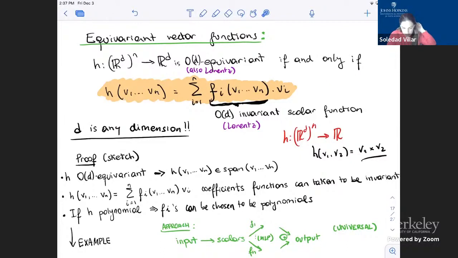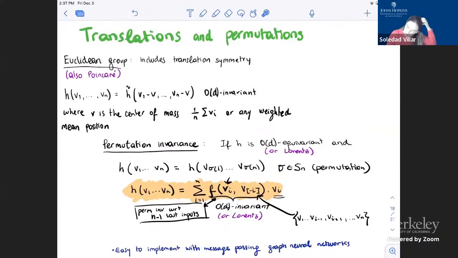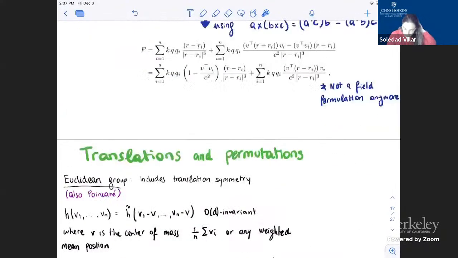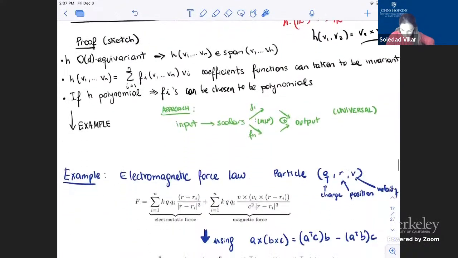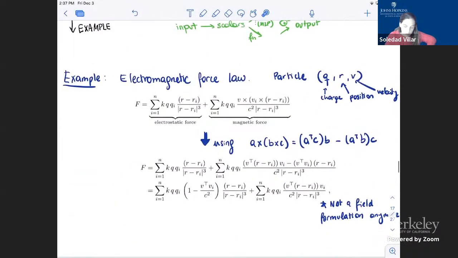Okay, so I have maybe 10 or 15 more minutes, so maybe I can show this example. This example is the electromagnetic force law for a particle. My test particle here has charge q, position r, and velocity v, and I can just write this force in these terms.